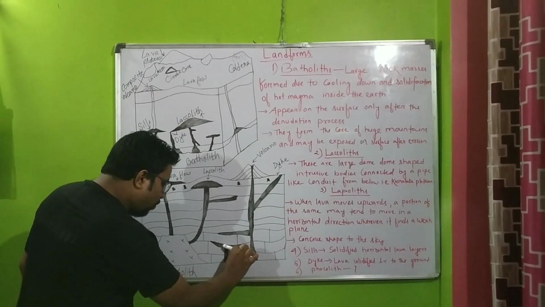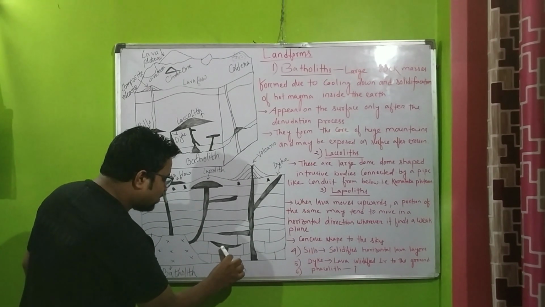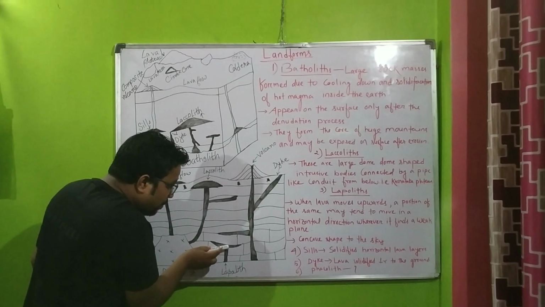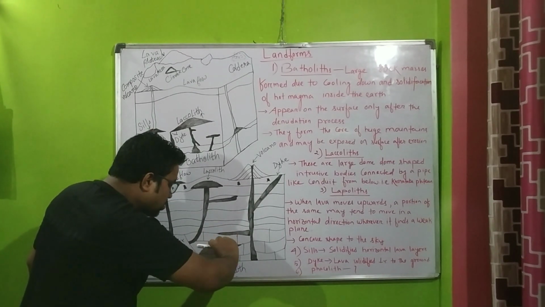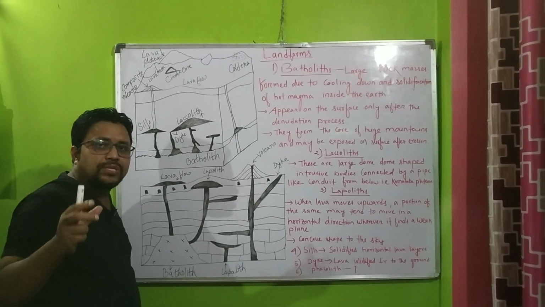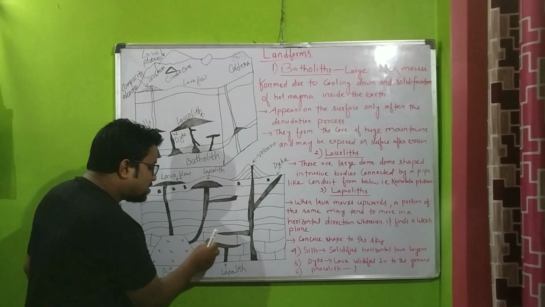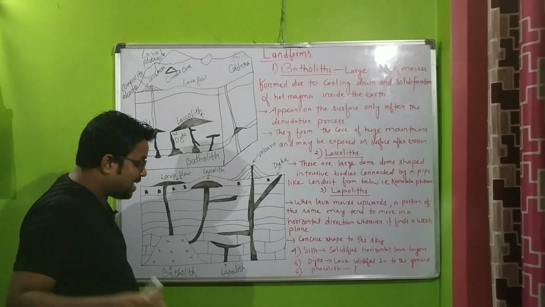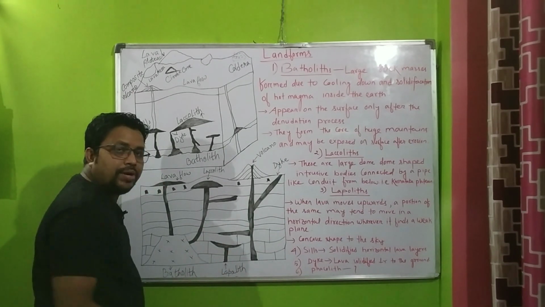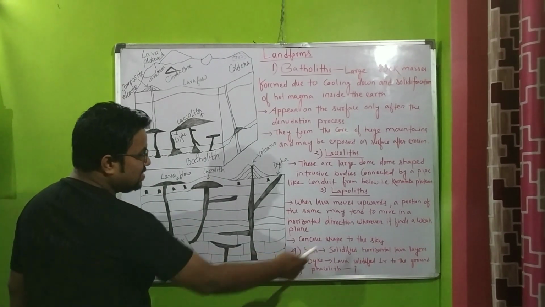When it finds a weak plane, the magma moves like this, making a structure with a concave shape if someone sees it from the sky. So from the sky, they are visible in a concave shape.